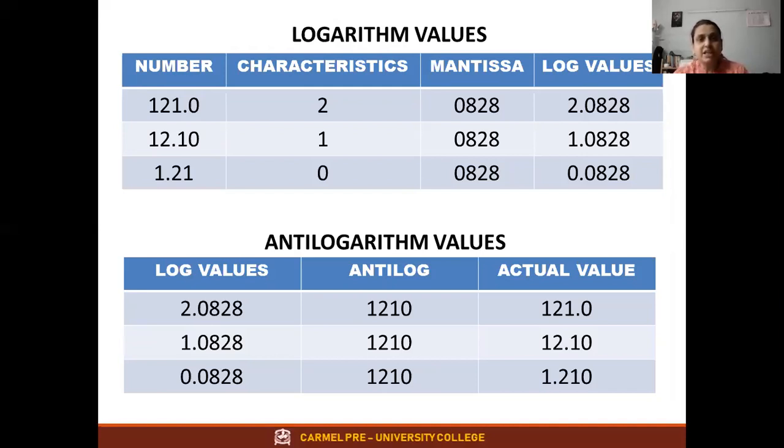How many digits are there before the decimal? 1, 2, 1. 3 digits are there. So, characteristic will be 1 less than the number of digits. Characteristic is always 1 less than the number of digits.